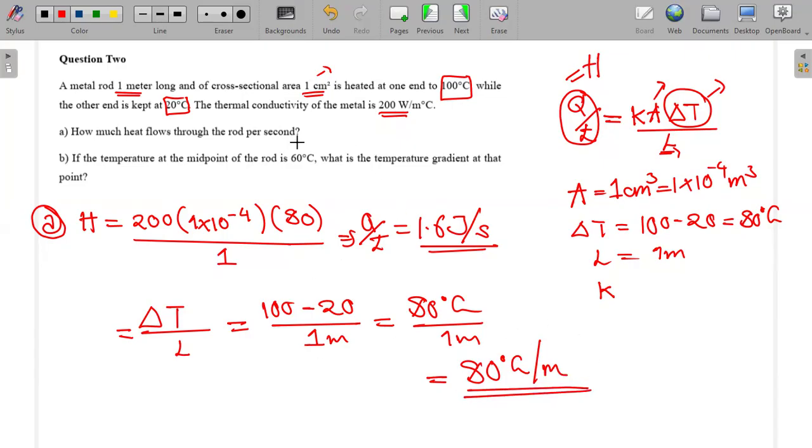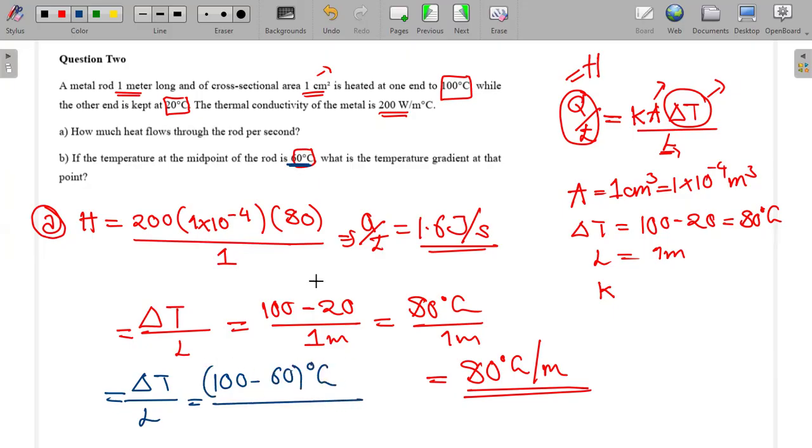Or alternatively, since they've told us the temperature at the midpoint of the rod is 60 degrees, what are we supposed to do? We're now supposed to reduce the length that we're using here, which means we're changing the values. Let me use a blue pen. If I say change in temperature divided by total length, the temperature change here is from 100 to the midpoint, and the midpoint is at 60 degrees Celsius. So I'll say 100 minus 60, in degrees Celsius, divided by the length.